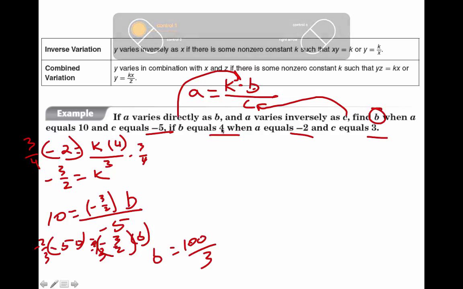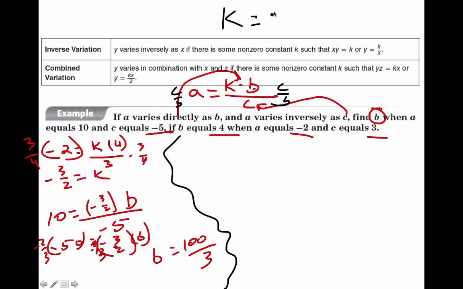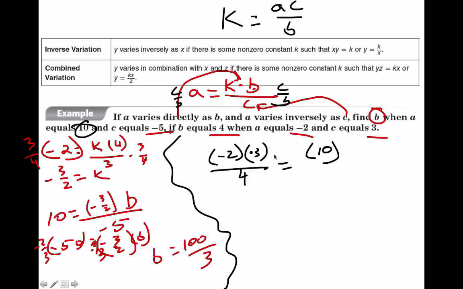If I was going to do this one the other method, which I think is actually easier, then I'm going to multiply by C over B. So I'm going to have K equals AC over B. So again, we're going to take those first given pieces of information when A was -2, C was 3, over B was 4. I'm going to set that equal to A was 10, C was -5, and over B, which is what we're looking for.